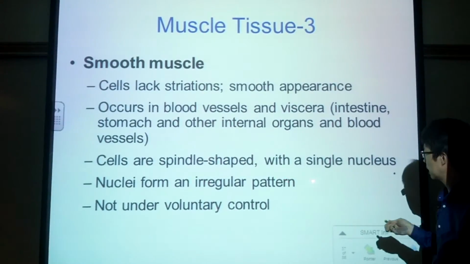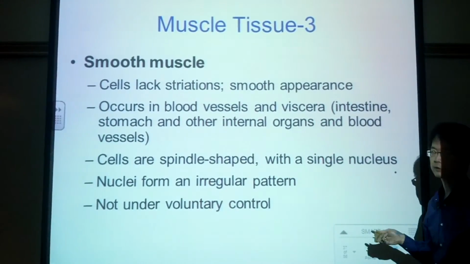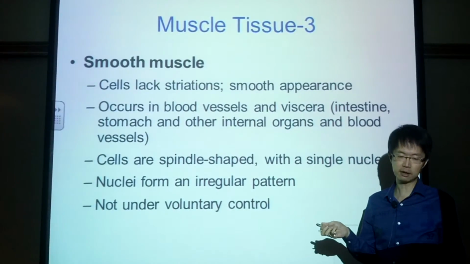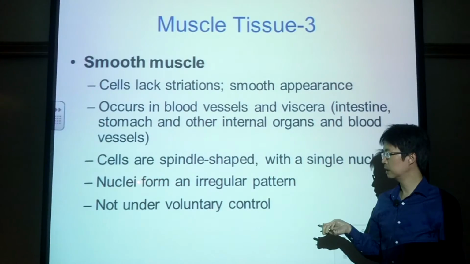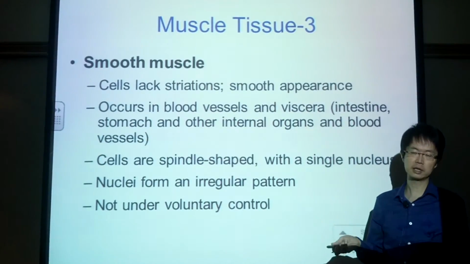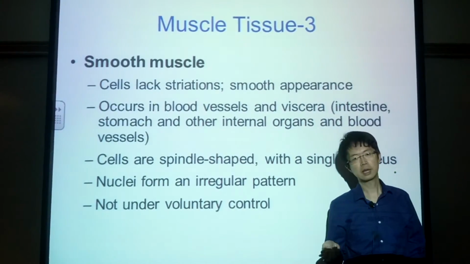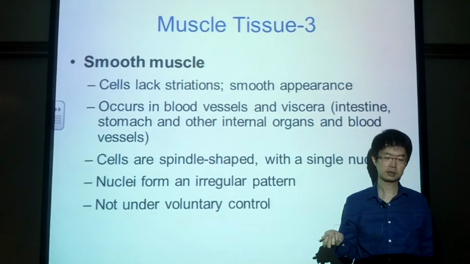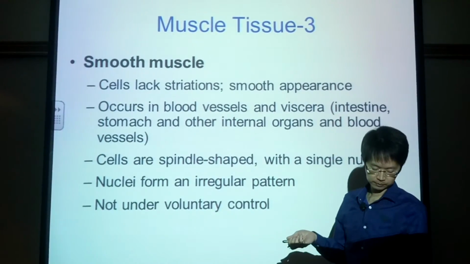They have one nucleus instead of being multinucleated, one nucleus in each muscle cell, and form an irregular pattern. They are involuntary. This is important. They are involuntary, but they are still under the autonomic nervous system control. That means sympathetic and parasympathetic system.